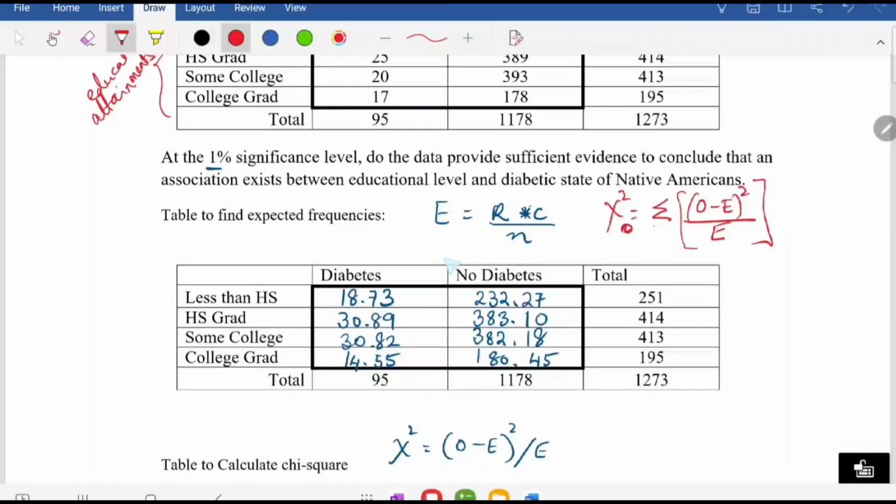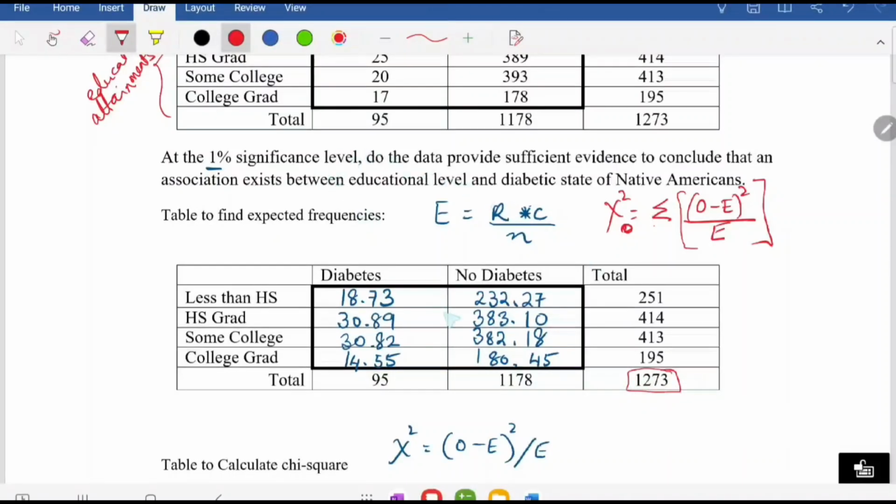Now, for association tests, because it involves two variables, the formula for expected frequency is different. It's the row total times the column total divided by n, right? So the n over here is this number 1273. That's the sample size, 1273.